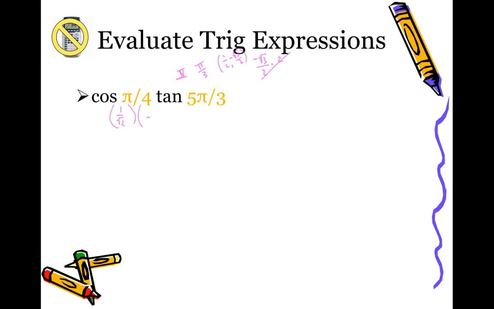So this is going to be negative root 3. Right? So that's going to give you negative root 3 over root 2. And you know what? Leave it like that if you would like. Or we could go a step further and rationalize. So times root 2 over root 2. Negative root 6 over 2.